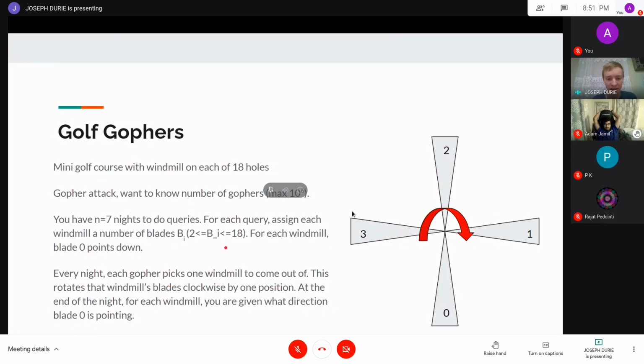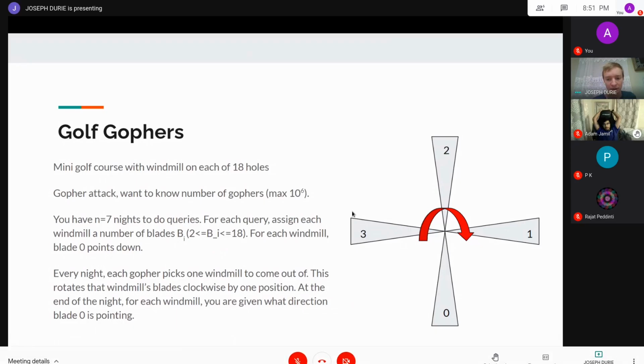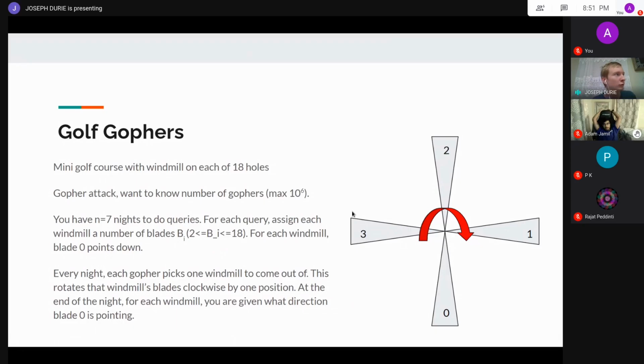And you want to assign blades to each of your windmills separately. But there's no restrictions beyond that for what you can do. Like you could assign them all to be the same, or you could assign them all to be different values, or like a mix.